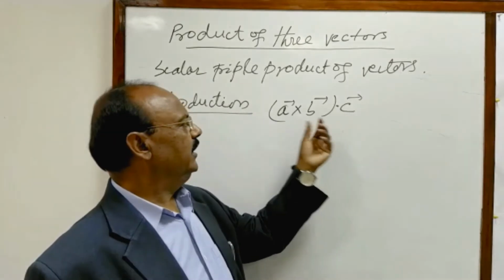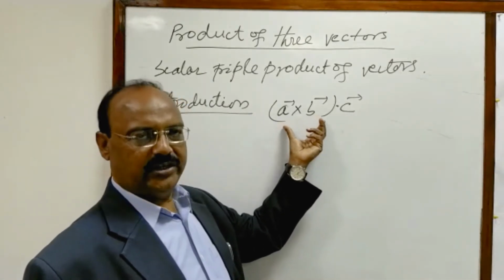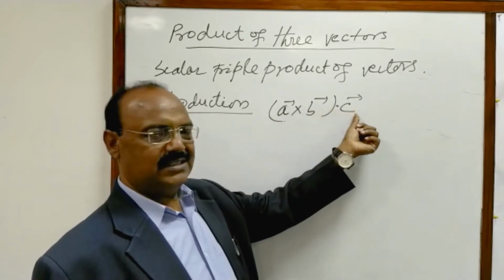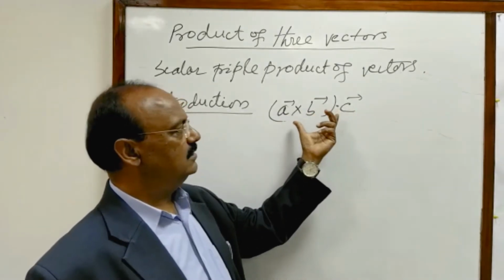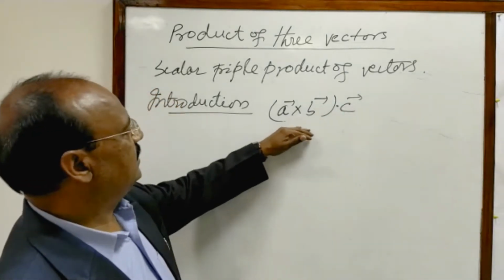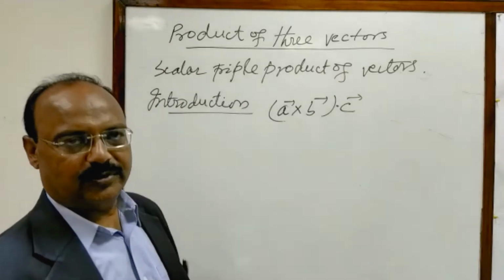Since, as you know, A cross B is a vector quantity, so this vector quantity dot vector C will give us a scalar quantity. So that's why this is known as scalar triple product.